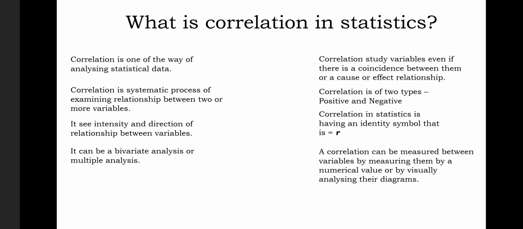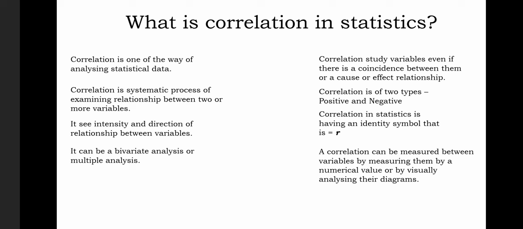Now we can measure correlation between variables either by showing how strong the relationship is with a number, called a numerical value, or with the help of a diagram. So in order to analyze the data with the help of correlation, we have two ways.